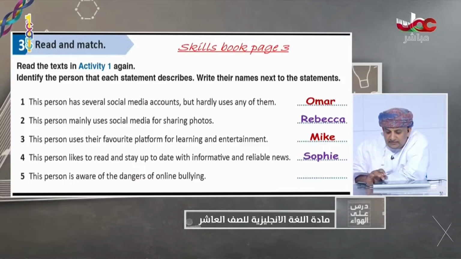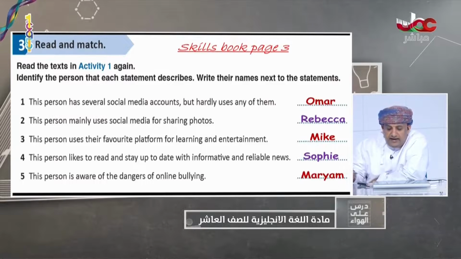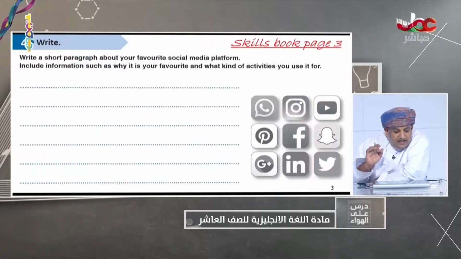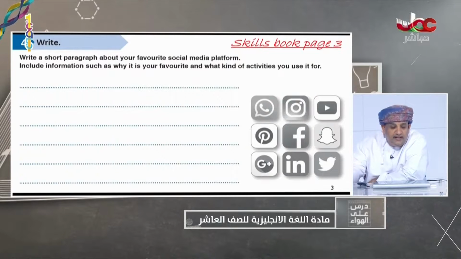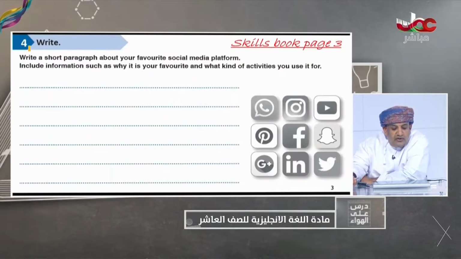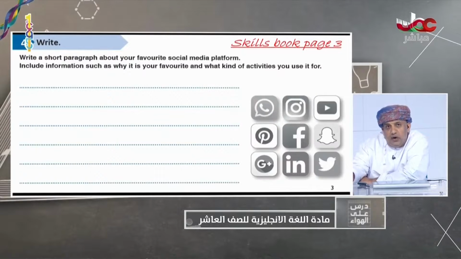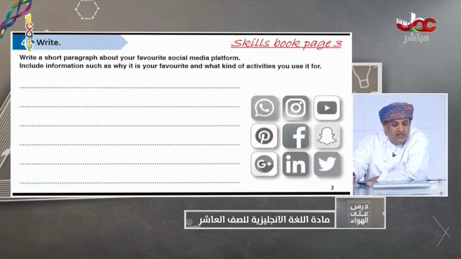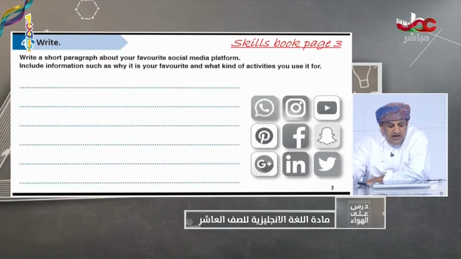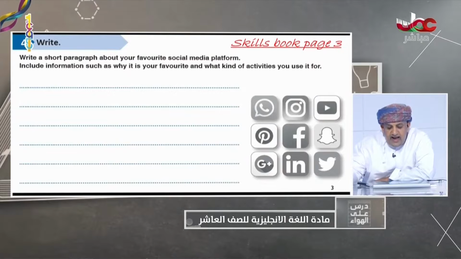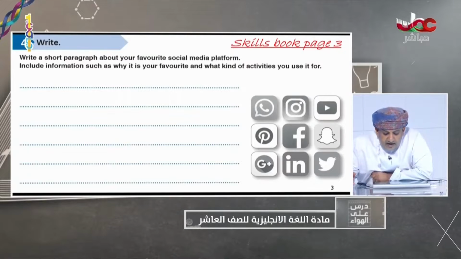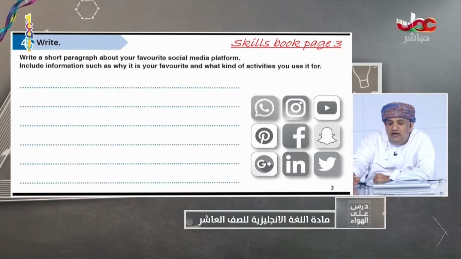Now, the last task is, I want you to write a short paragraph about your favorite social media platform for homework. Okay, this is for homework. Include information such as why it is your favorite, and what kind of activities you use it for.